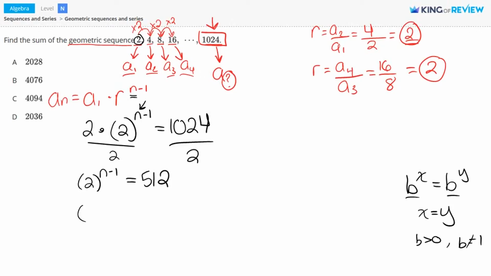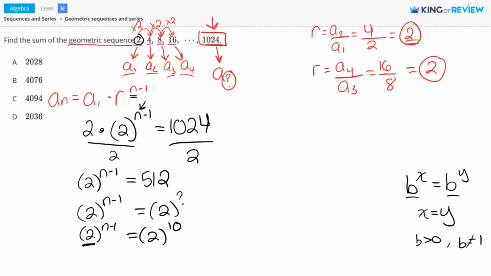So we have 2 to the n minus 1 power, and what we want to do is determine 2 to what power would give us 512. 2 to the 10th power gives us 512. We have 2 to the n minus 1 equals 2 to the 10th power.